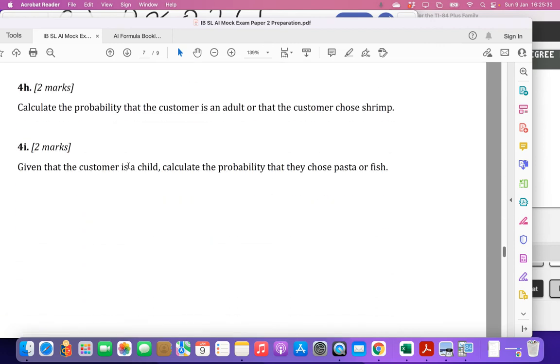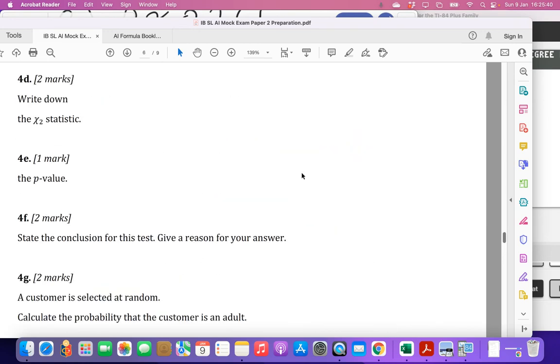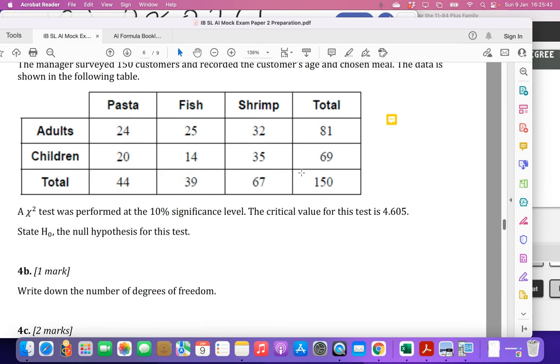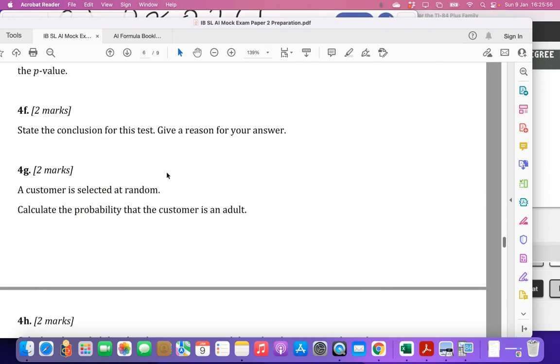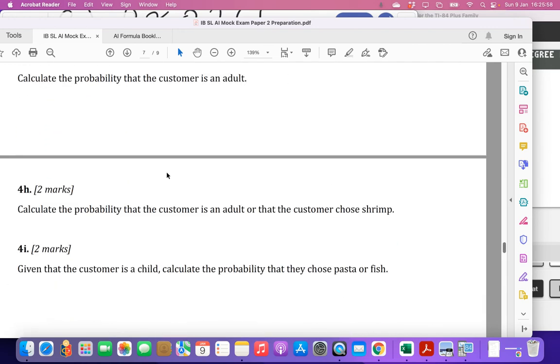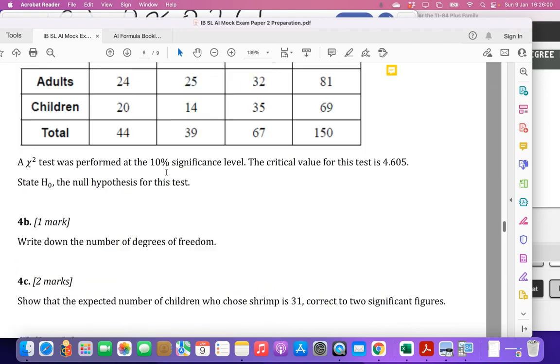Given that a customer is a child, calculate the probability that they chose pasta or fish. So again, we're going to be adding the pasta and fish together for the children. So given, 69 is the denominator, pasta or fish.